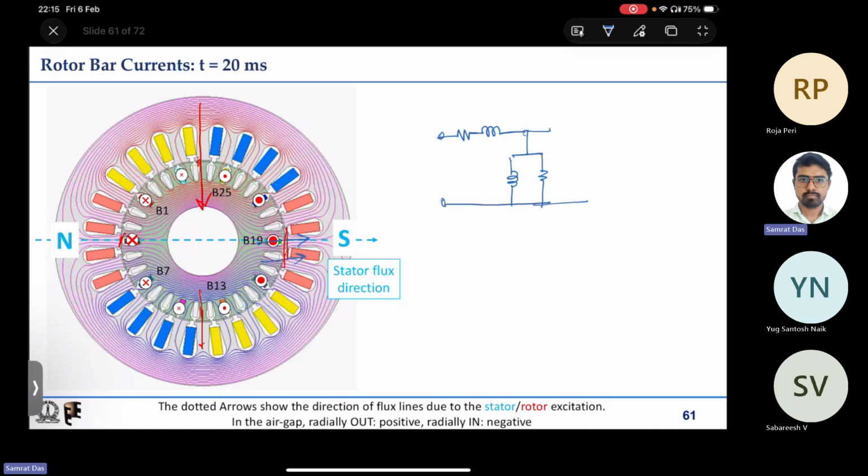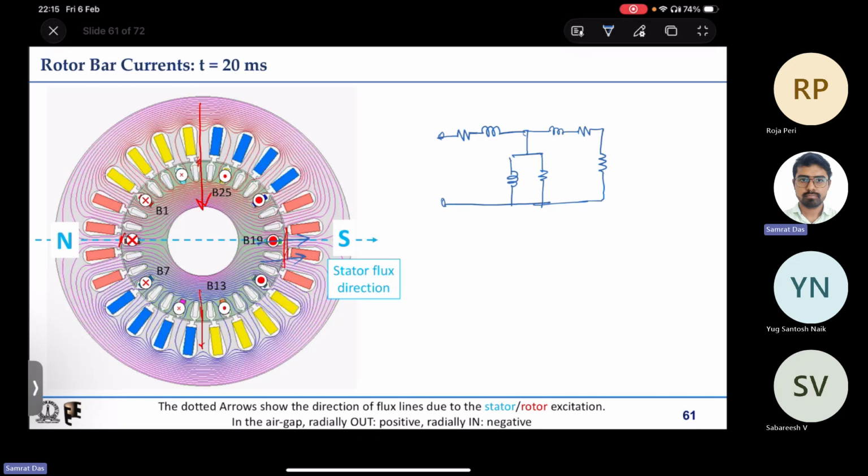Then of course you will have the leakage inductance from the rotor side, and the rotor resistance, and you will have the resistance that represents the energy transfer, that is the power transfer from the electromagnetic power converted to mechanical power.